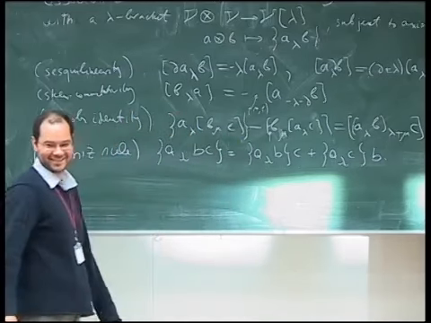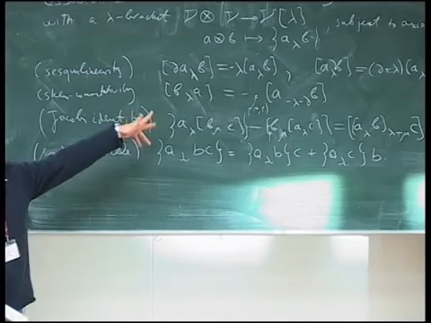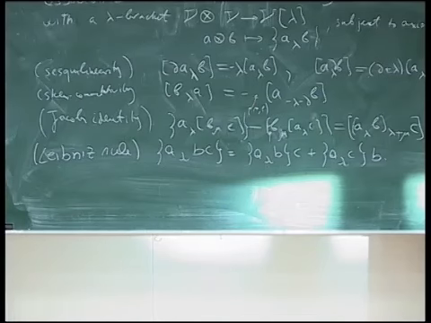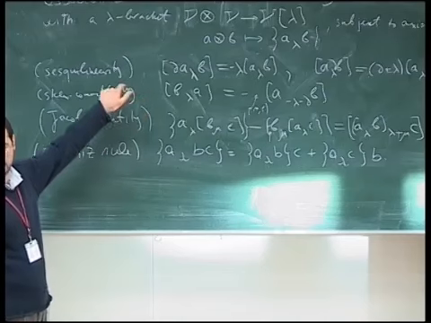Anyway, the axioms are the same as for the Lie conformal algebra, so the square brackets should be switched to curly brackets. In fact, this is the left Leibniz rule. You can also get the right Leibniz rule using skew symmetry.